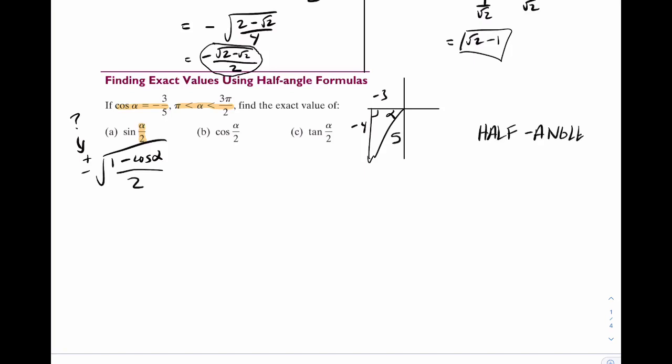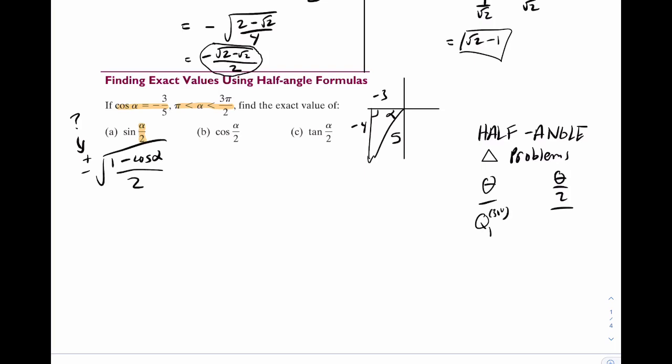Half angle, this is for a triangle problems. This is going to be your guide here. And we can talk about this more after the video if it's not really clear. If I pick a quadrant 1 angle, like let's say I pick 30 degrees.